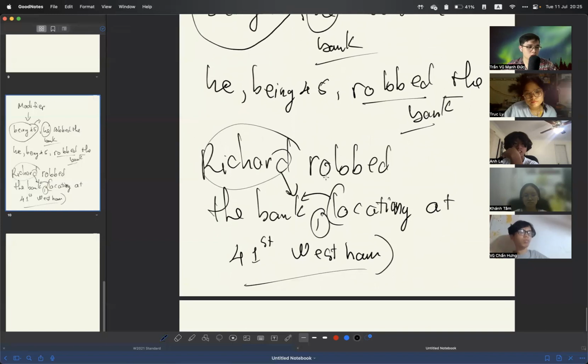Let's see what else. Because with commas, I'm just mentioning every possible grammatical rule in punctuation, so that you can understand when you do the homework and the revision, so that you would know where you get it wrong or where you get it right, so you can justify or make sense of your doing. Okay, let me see.